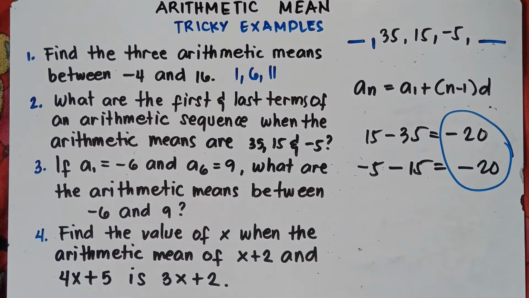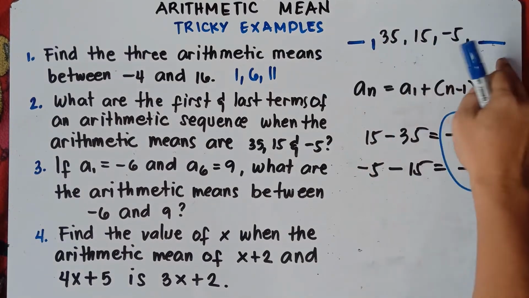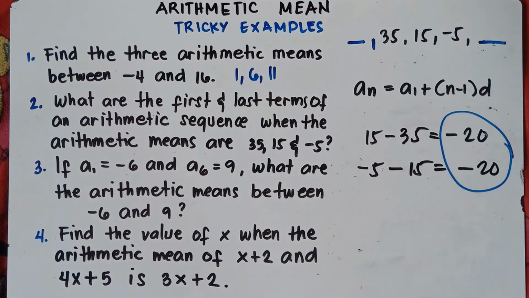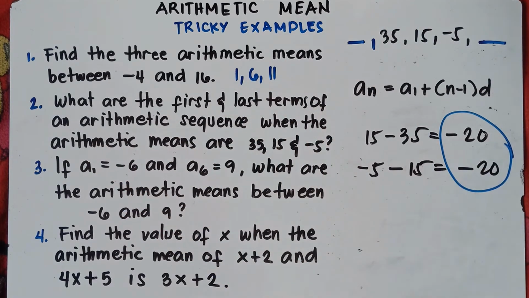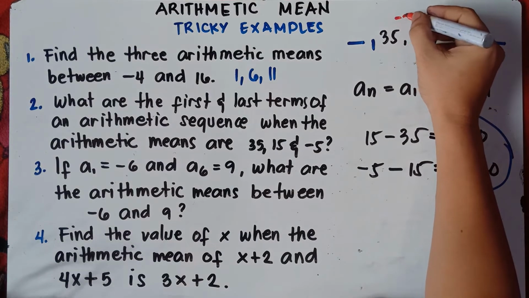Now, once we get the common difference, it's easy for us to identify these numbers. Going to the right, you add negative 20. Going to the left, you subtract negative 20. Once again, our common difference is negative 20.